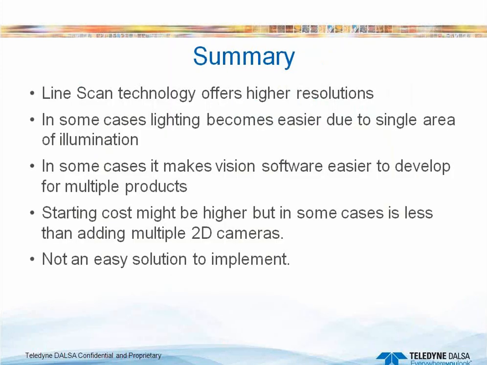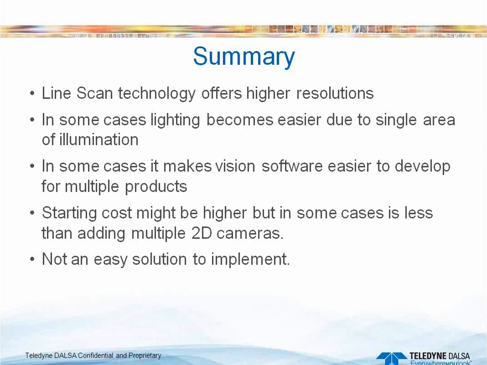So in summary, line scan offers pretty high resolutions, things that are nearly impossible to do today with 2D cameras. The sensors just aren't there, at least affordable to the regular consumer.